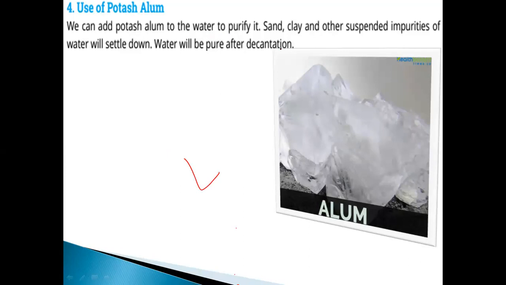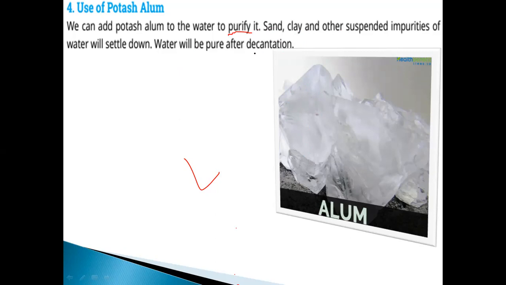It is added to the water in this solid form to purify the water, and that is used mostly for suspended particles, some suspended impurities which are present in the water. By attaching with the substantial atoms of this alum, these sands and clay all make a lump-like structure, those are called precipitates.